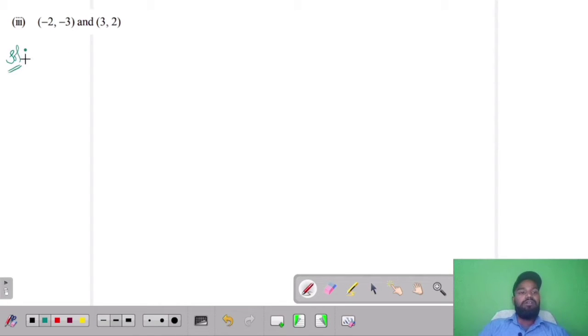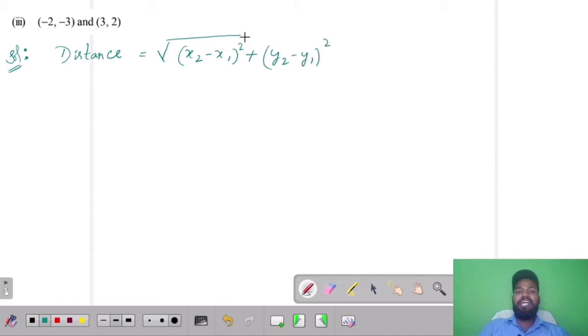See. What is the formula for distance? I am directly writing, the distance formula is equal to under root x2 minus x1 whole square plus y2 minus y1 whole square. This is the standard distance formula. So just substitute the values, then you get the solution.